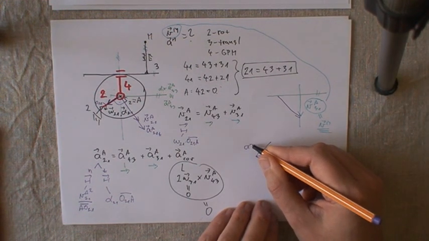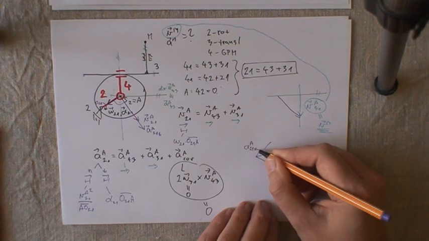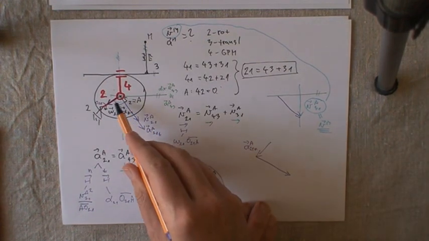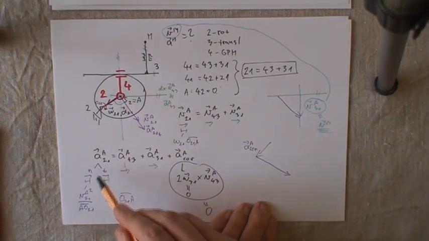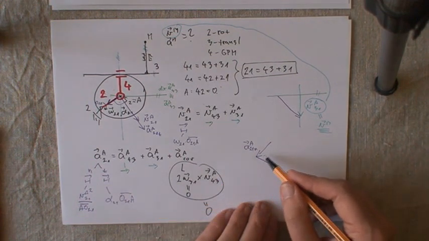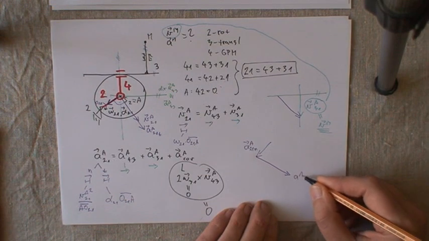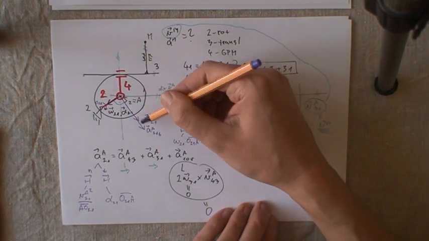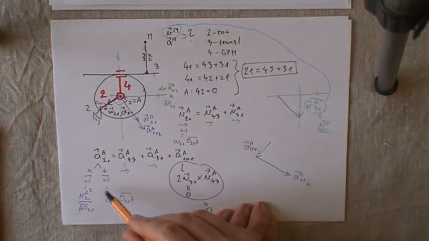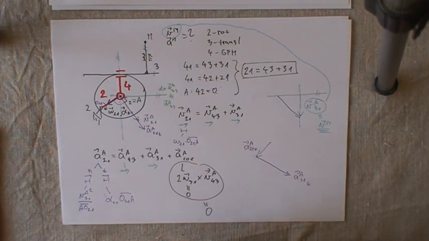So again, AA21 normal, this component, plus AA21 tangent, that's this component, and that equals the right side of the equation.